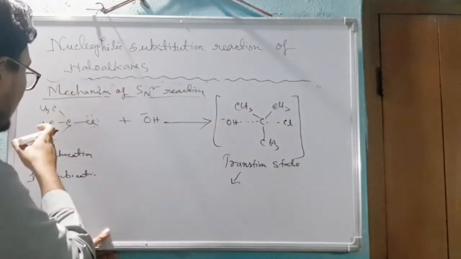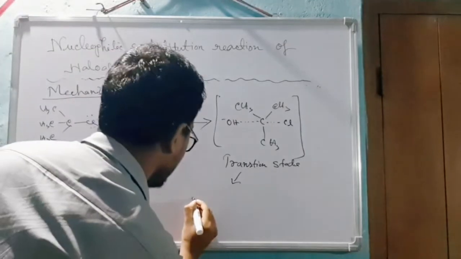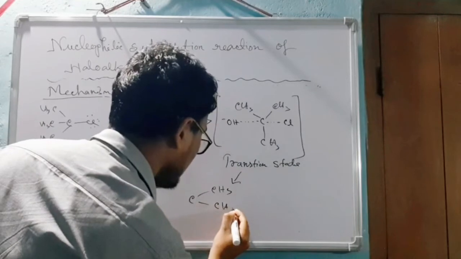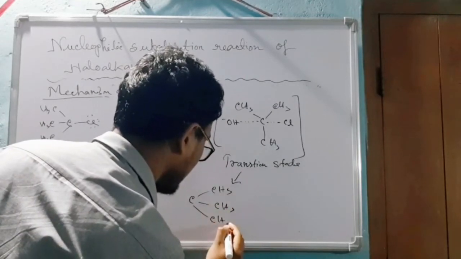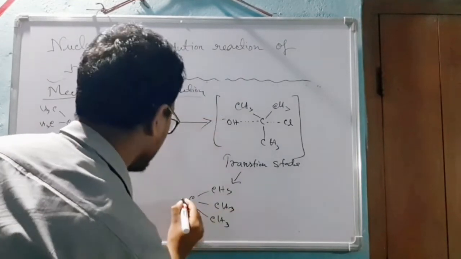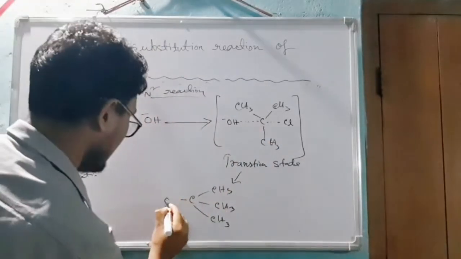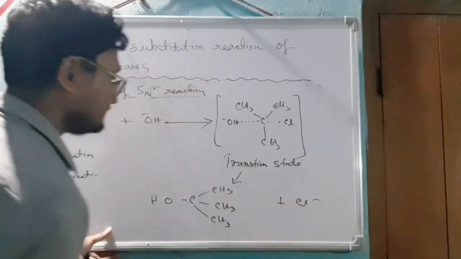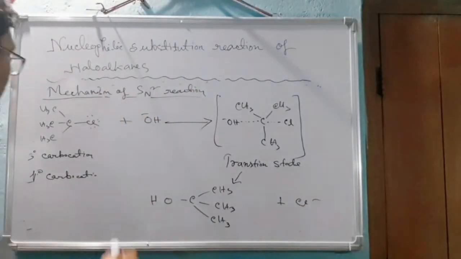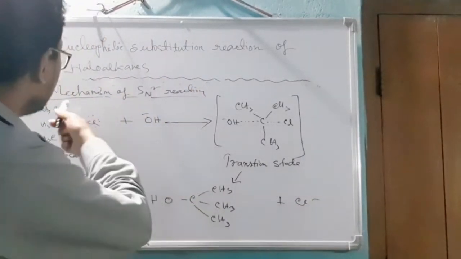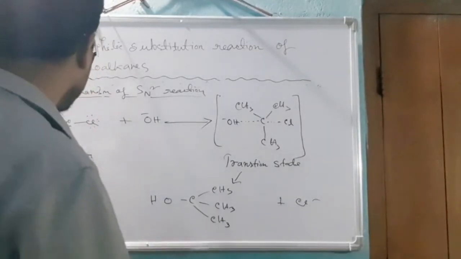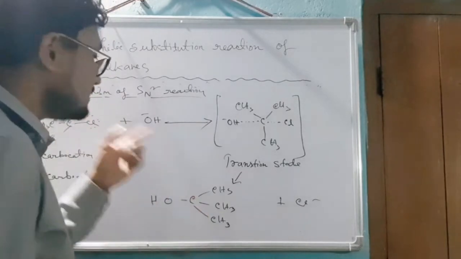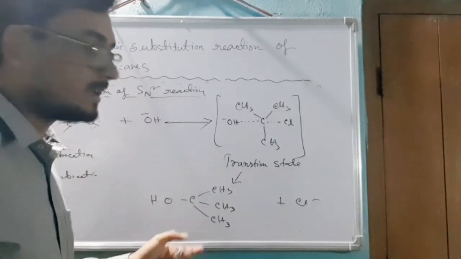Next, what will happen? Here all three CH3 groups were on the left side, and now all three are on the right-hand side, and the OH is here and Cl minus leaves. So in the Sn2 reaction the configuration is totally changed.